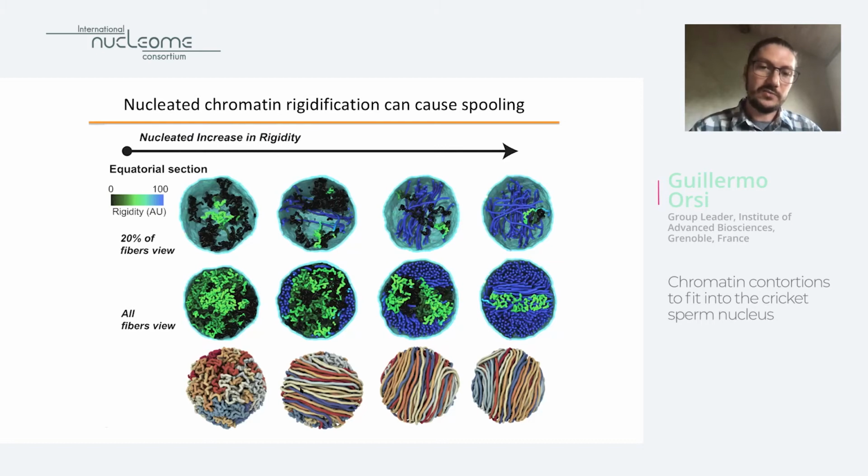Because if we take this kind of nucleus, we see that there are very parallel fibers on one orientation, and then on the other orientation, in the middle of the nucleus, it's really like there was a hollow spool. There is more disordered chromatin. And so this proceeds until everything becomes rigid and everything becomes much more well-oriented than in our previous simulations.